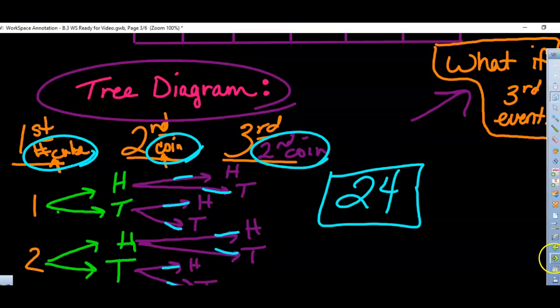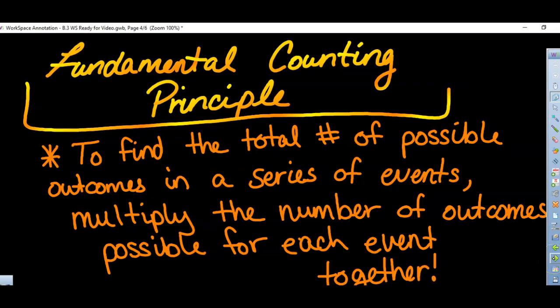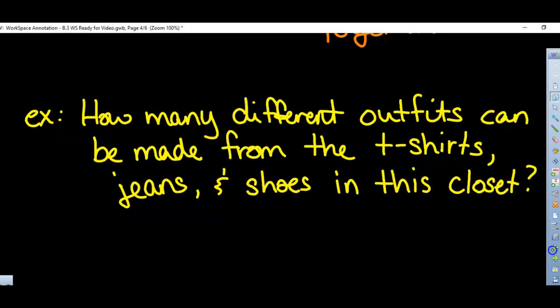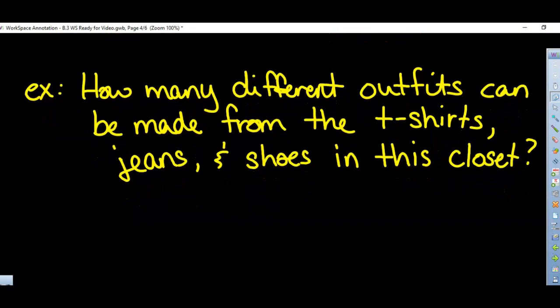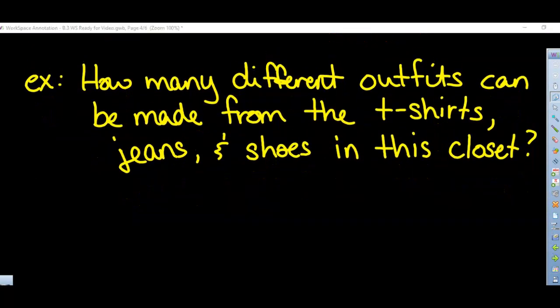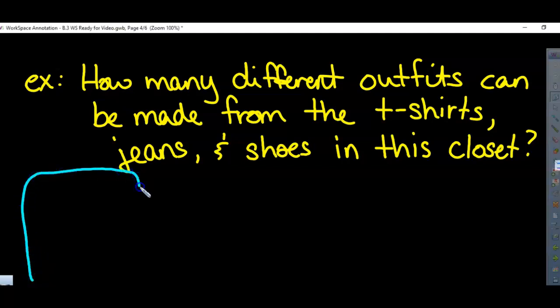All right, you think you got it? Well, let's see what we can do from this. So let's say we have a closet, and I'm terrible at drawing, so give me a little bit here. We have a little closet guy.